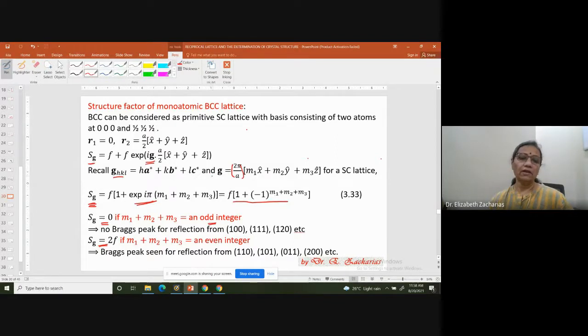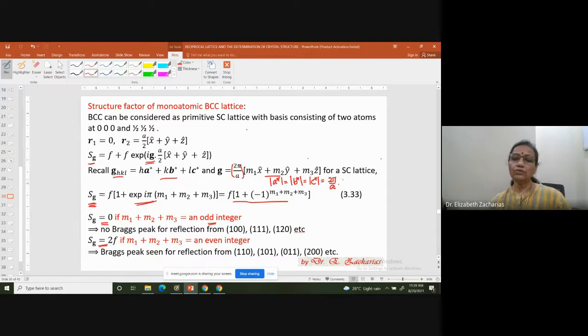Okay. Now just make a comparison between this and this part of the equation. When you make a comparison, what is it you're going to see? You're going to understand that A star, without a vector symbol, equal to B star equal to C star equal to 2 pi by A.